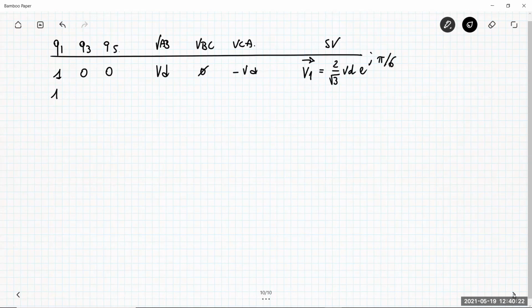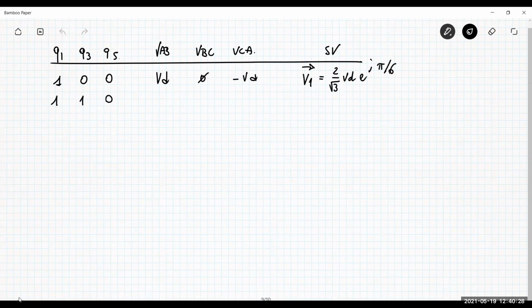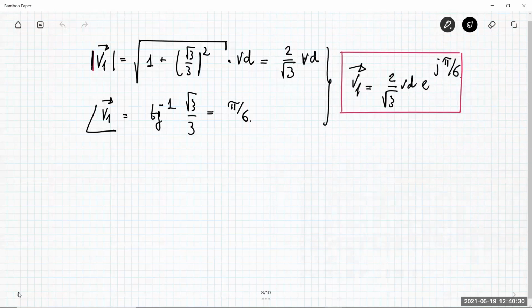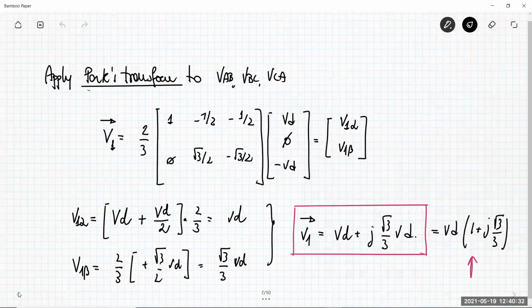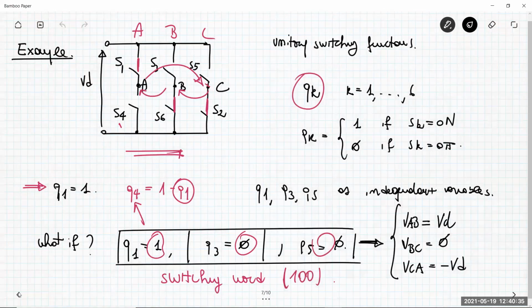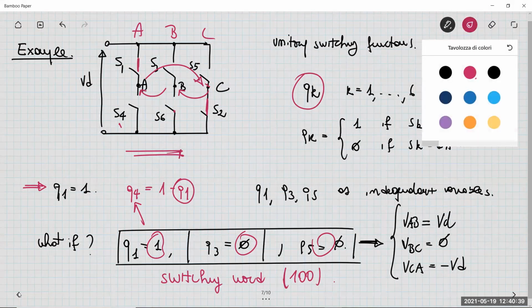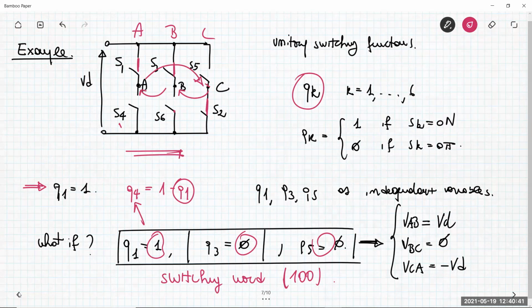So let's have a look at what happens if I choose this combination here, which is 1, 1, 0. In this combination, this switch is now open, but this one is closed. S1 and S3 are on, and S5 is off.